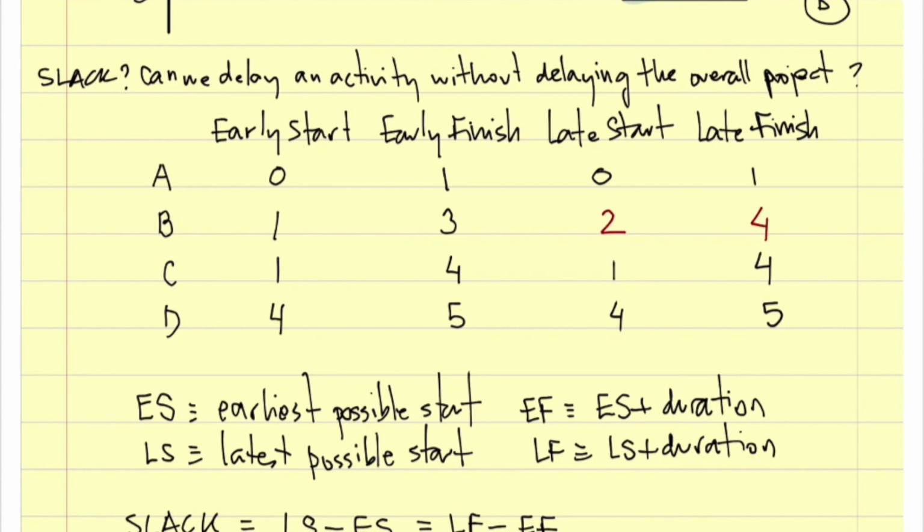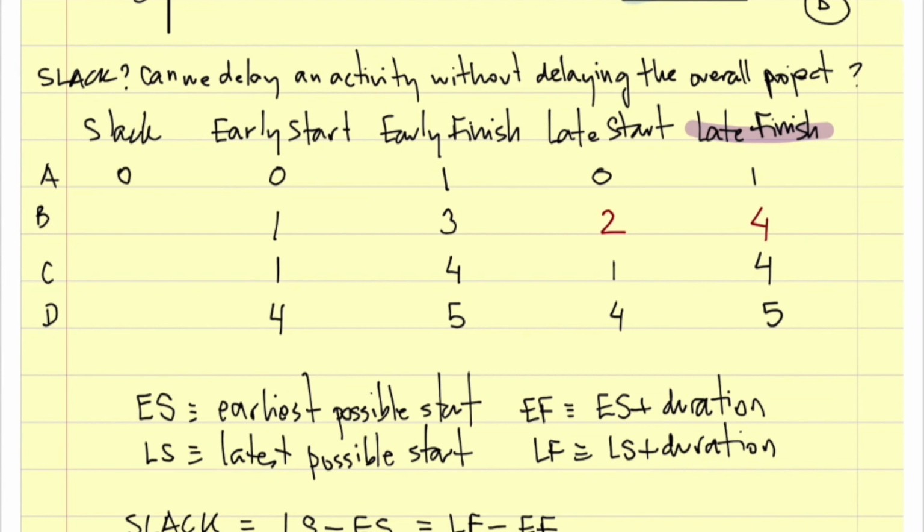let me paint it here again: A, B, C, and D, and then slack. What is the slack of work package A? It is late finish minus early finish. 1 minus 1 is 0.